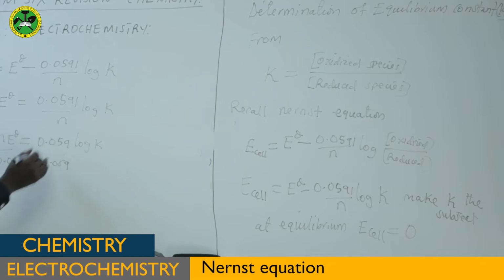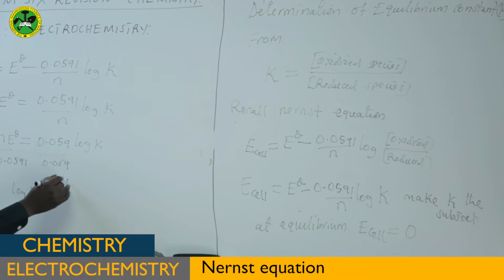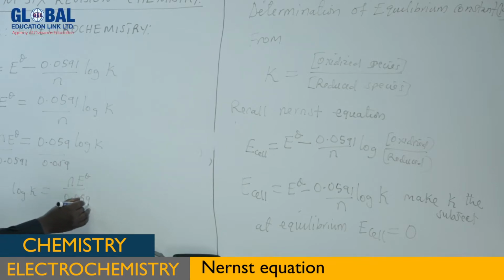Now to find K, K will be equal to the log inverse of n times the standard electrode potential divided by 0.059 in bracket. So you will have the equilibrium constant, which is K.